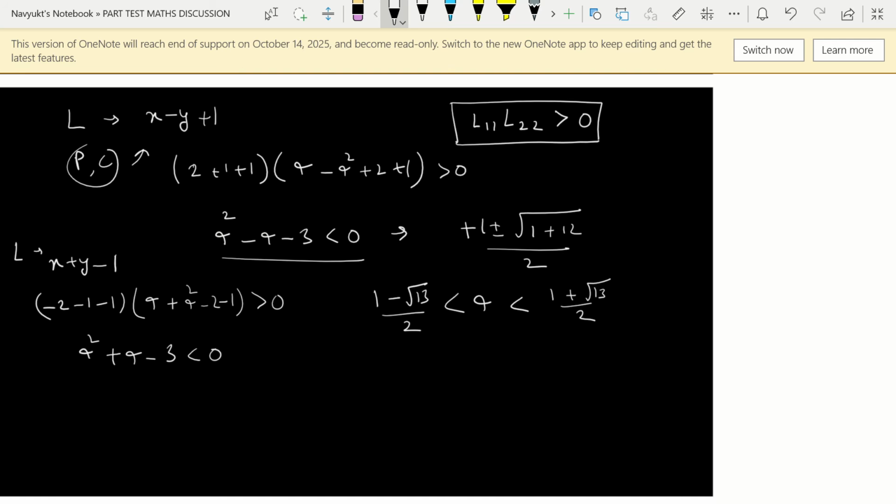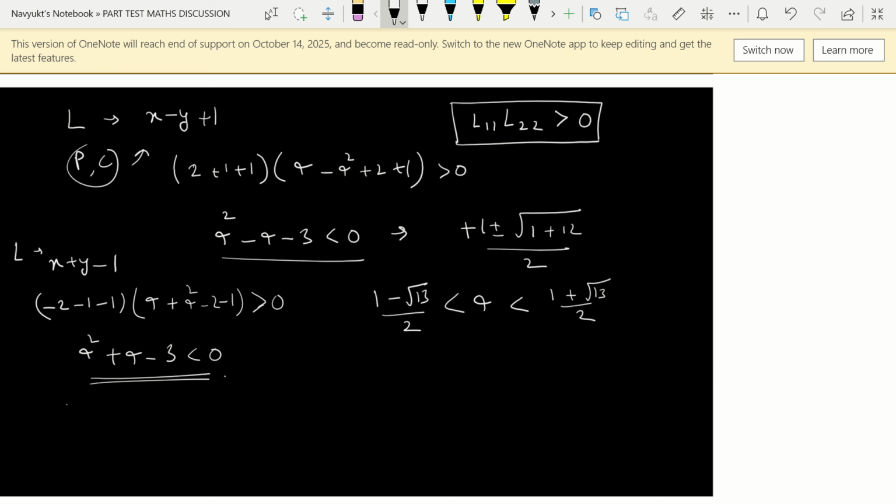This is my minus 3 and this is gone, correct? Because this value will just get into 0. Here we are. So in this, we will simply again use the same story that wherever the roots of this quadratic equation are, alpha should lie between them.